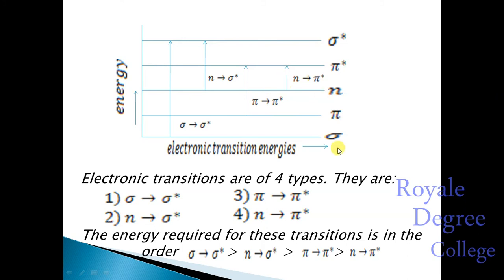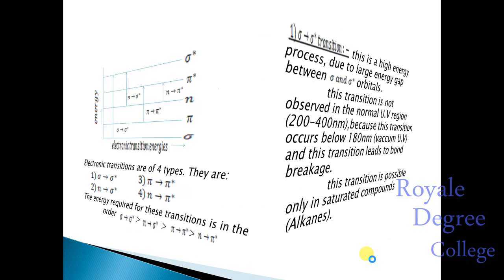The energy required is in the order: sigma to sigma star requires more energy than n to sigma star, n to sigma star requires more energy than pi to pi star, and pi to pi star requires more energy than n to pi star. It means that n to pi star transition requires the least energy and sigma to sigma star transition requires the most energy.